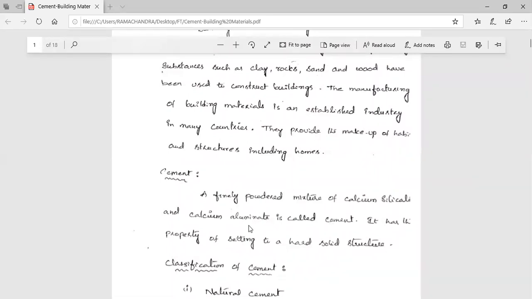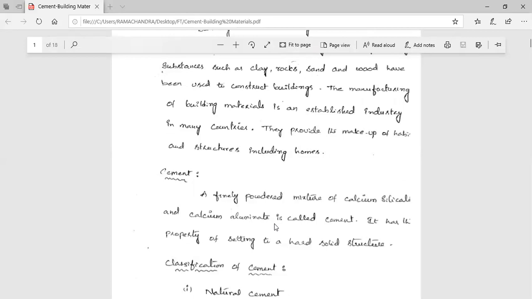It has the property of setting to a hard solid structure while mixing with water, which forms a slurry. So that is cement.